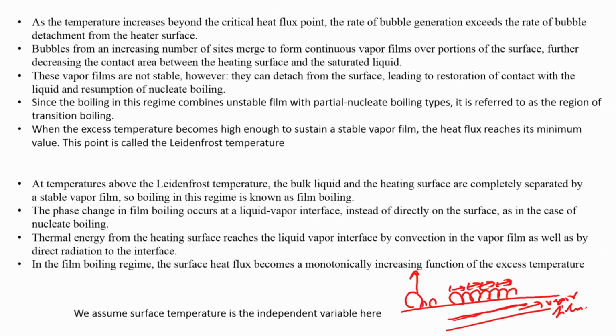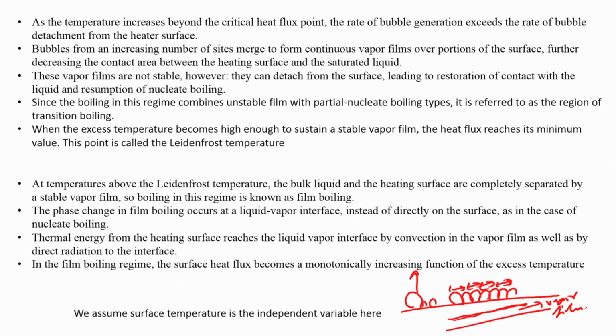This is like a vapor cushion that you have formed. So, there is no direct contact now between the liquid and the heated surface, as a result of which the contact area reduces.